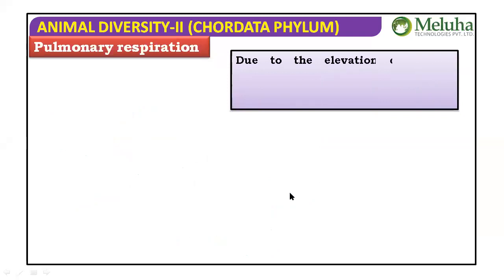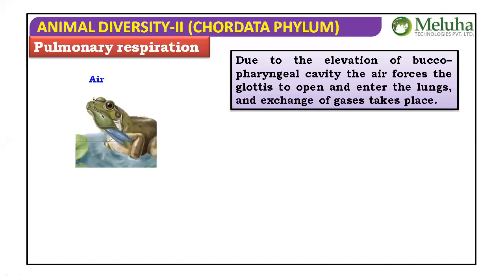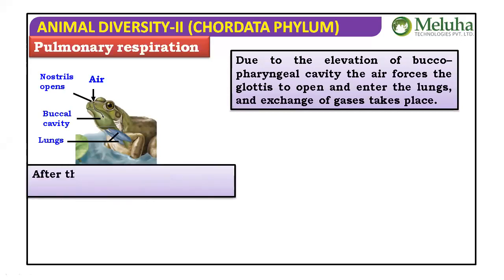When it talks about the expiration, the reverse happens. Due to the elevation of the buccopharyngeal cavity, the air forces the glottis to open and enter the lungs, and exchange of gases takes place. Air through the nostril open, buccopharyngeal cavity raises, then air goes to the lungs.